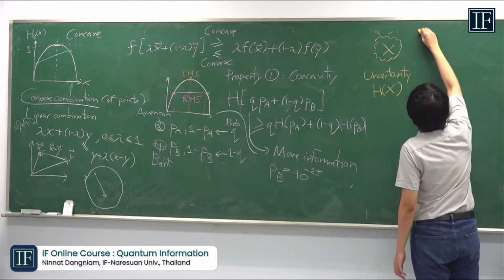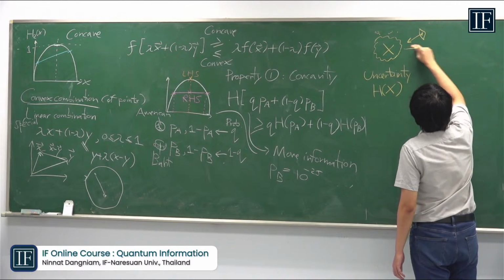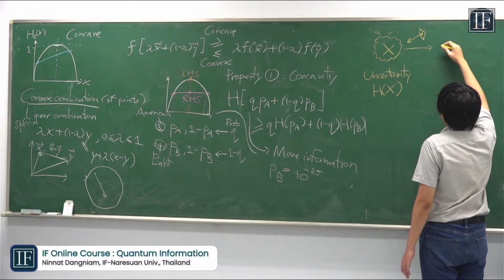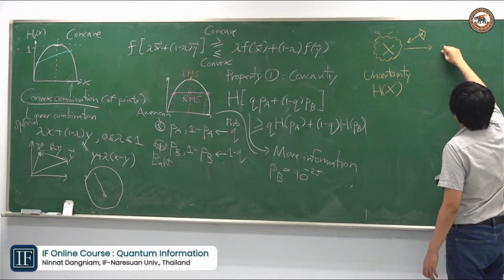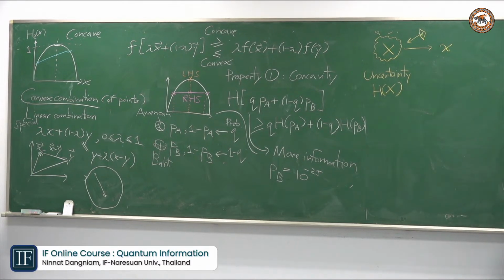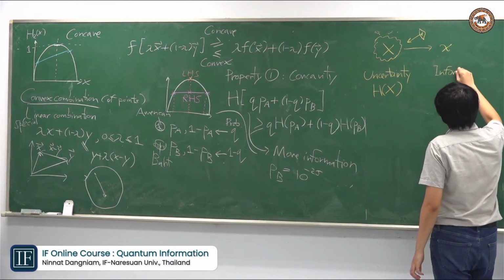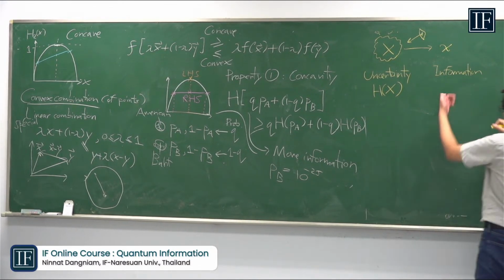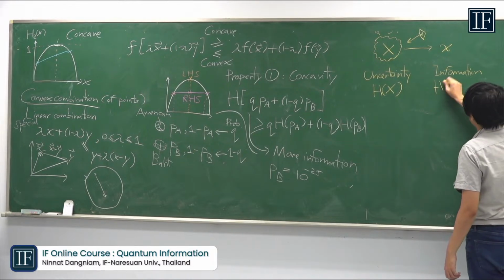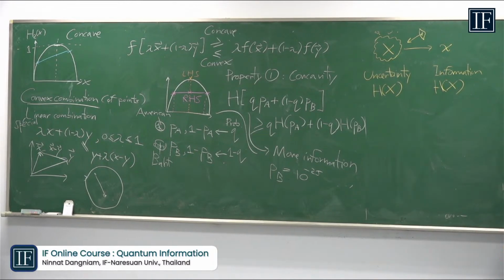But then if I learn that in this specific instance the value x occurs, then over here people would associate H(X) with the amount of information we can learn from the random source.